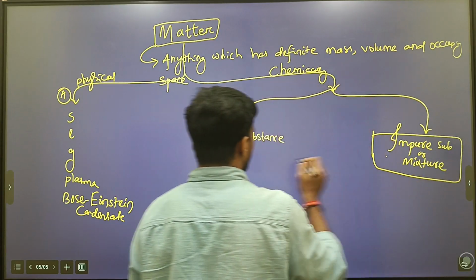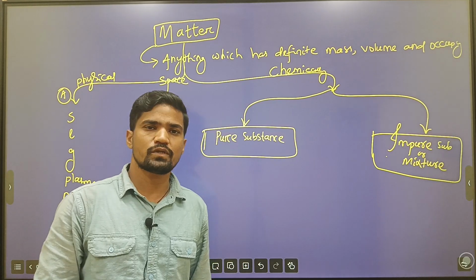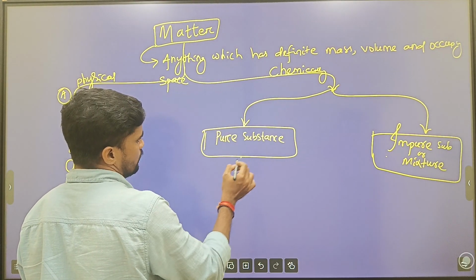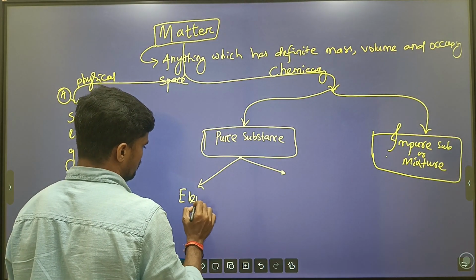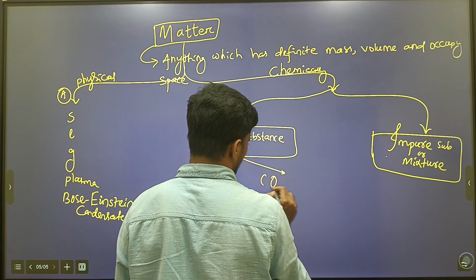Pure substance means there is only uniform composition of the particles. Pure substance is again of two types: one is element, another is compound.